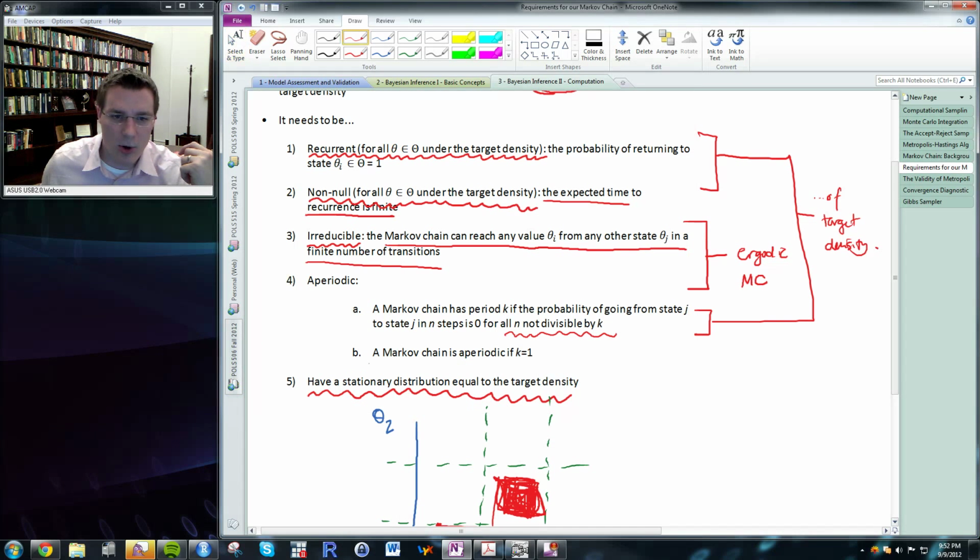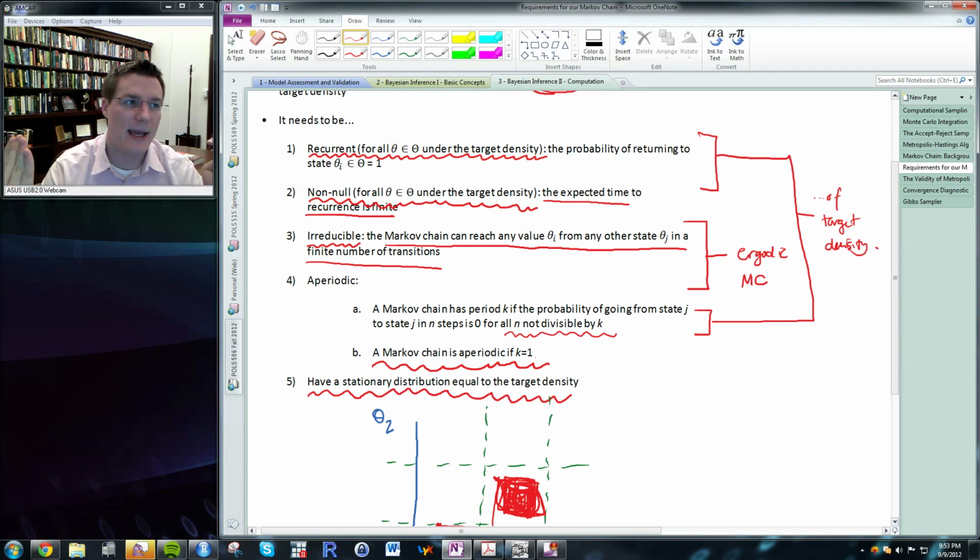As long as a Markov chain has a period of k equals 1, we say that the Markov chain is aperiodic. Now, that doesn't necessarily mean we have to be able to reach anywhere in the state space immediately. For example, you're going to see when we do random walk proposals that in many cases I'm only going to propose values for the Markov chain that are near to where I already am. The point is I should be able to get back to where I started from in one period in principle.